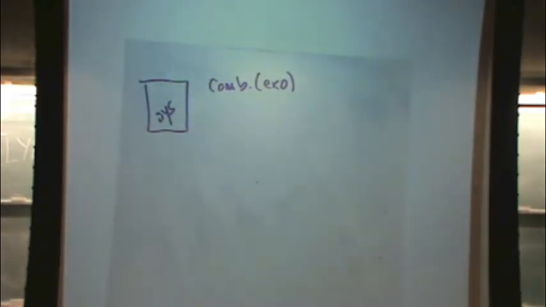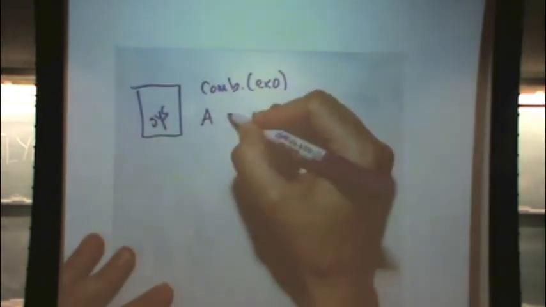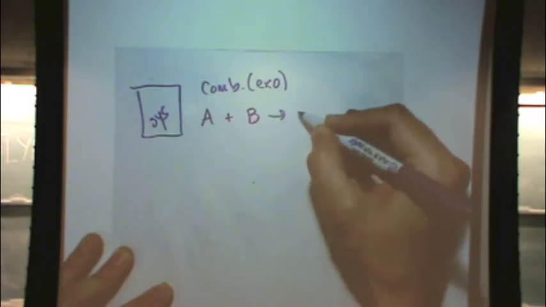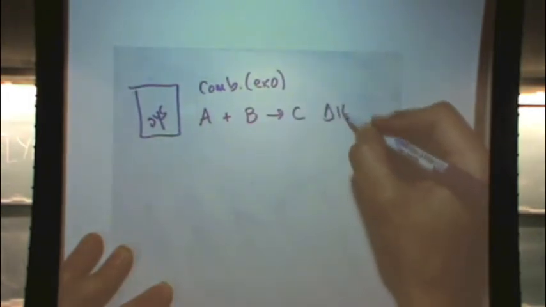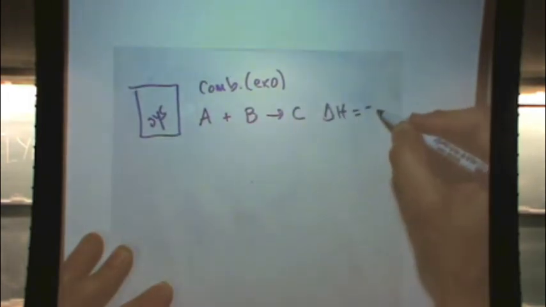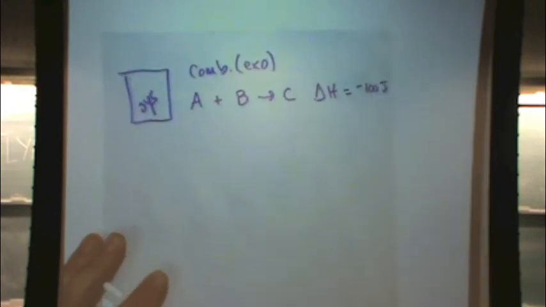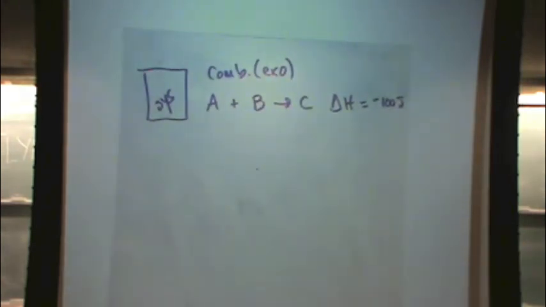So in general, an exothermic reaction, usually a combustion reaction. So let's try a made-up reaction. Okay, A plus B goes to C. Let's say delta H is negative 100 joules for this reaction.